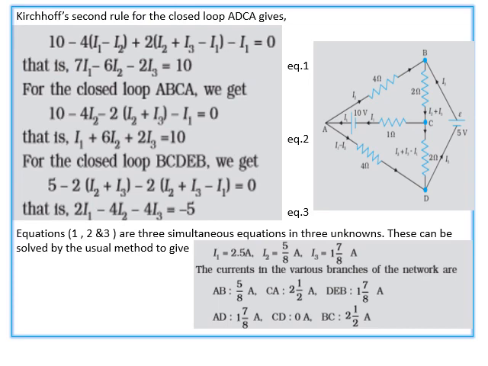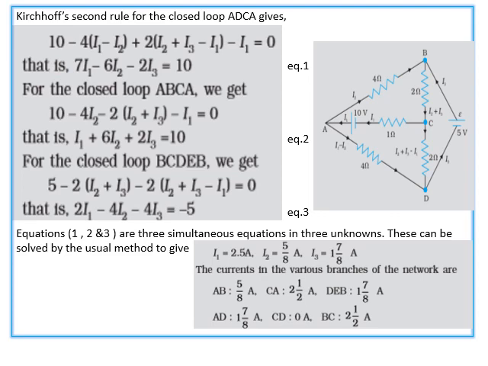Now, by applying the loop law in the loop ADCA, you get 10 - 4(I1 - I2) + 2(I2 + I3) - I1 = 0. And for the closed loop ABCA, you get the equation 10 - 4I2 - 2(I2 + I3) - I1 = 0.